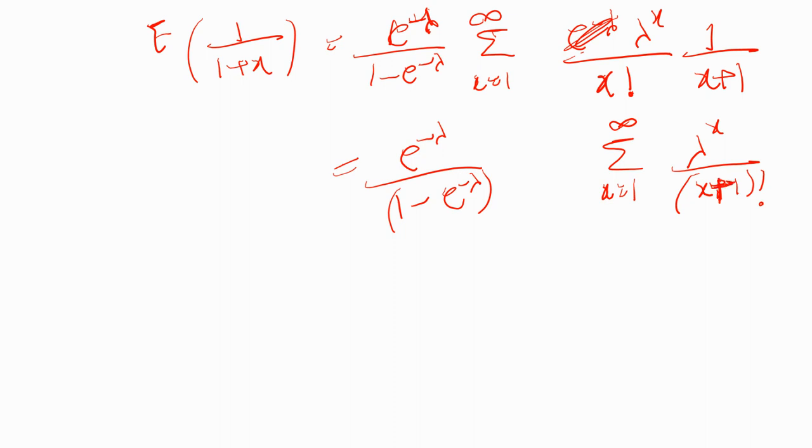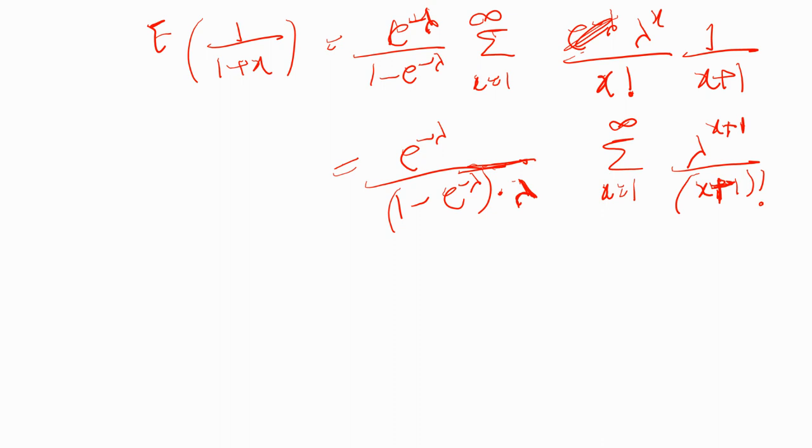Now we want to write this in terms of e to the power lambda. If you know the series of e to the power lambda, it goes like 1 plus lambda plus lambda square upon 2 factorial plus lambda cube upon 3 factorial, and so on.